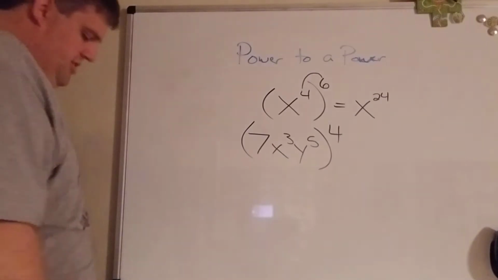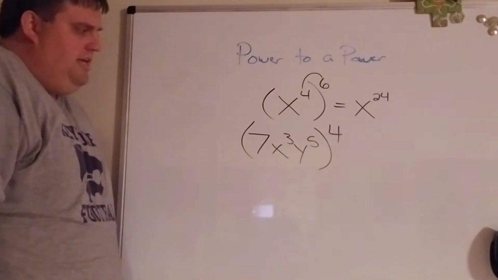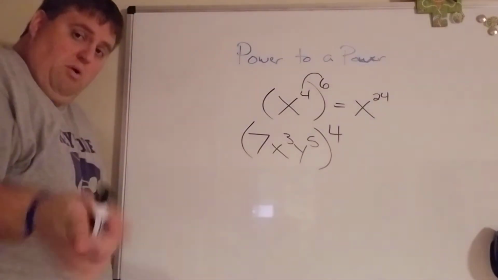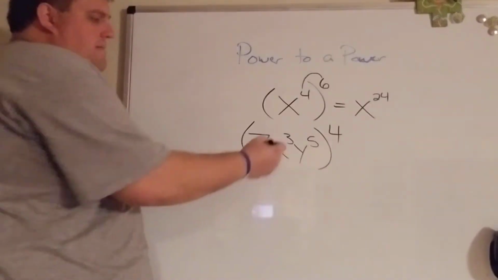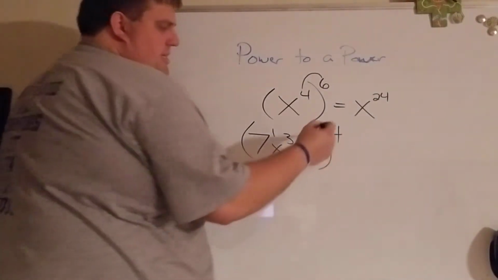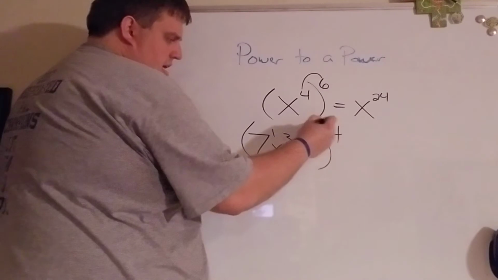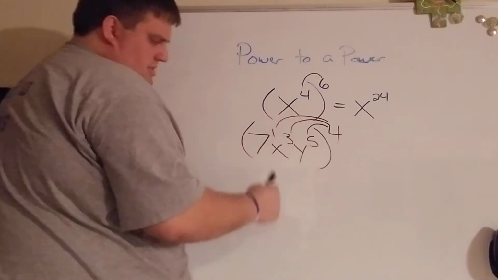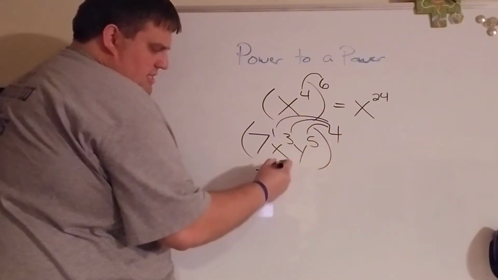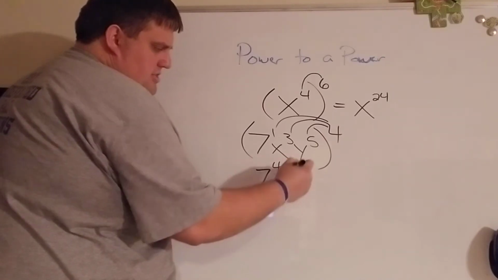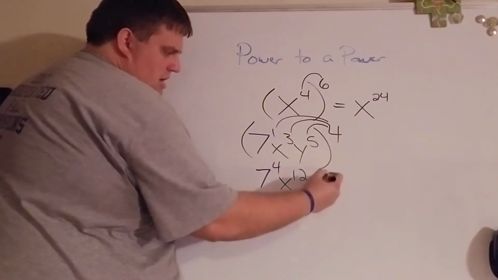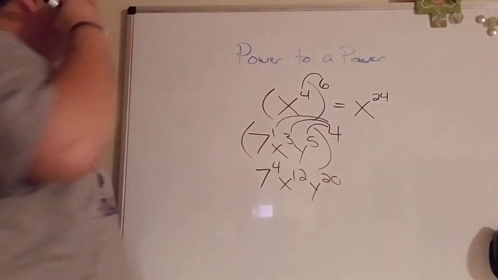That's probably one of the most common mistakes that I see people make. Because remember, there's really a 1 on that 7. We talked about that yesterday. So this 4 is going to go to all of these exponents. So it'd be 7 to the 4th power, x to the 12th power, and y to the 20th power.